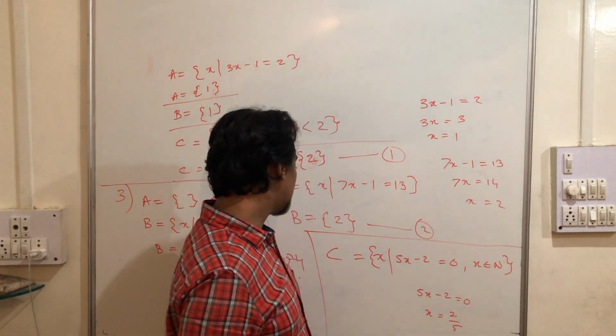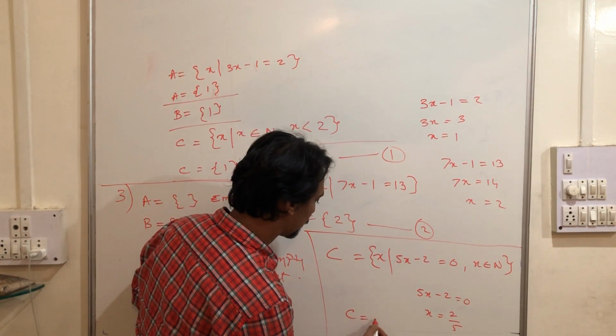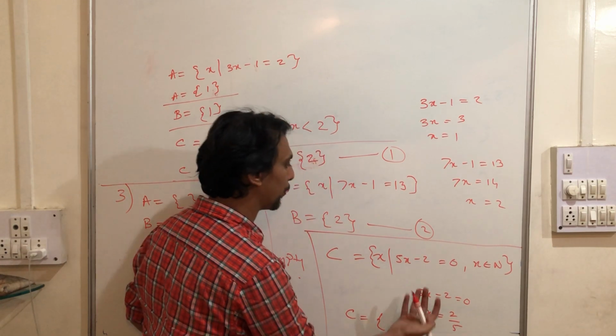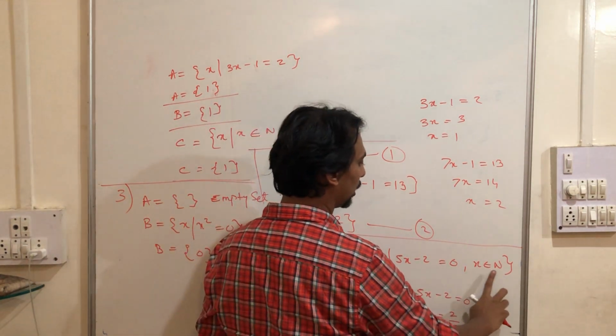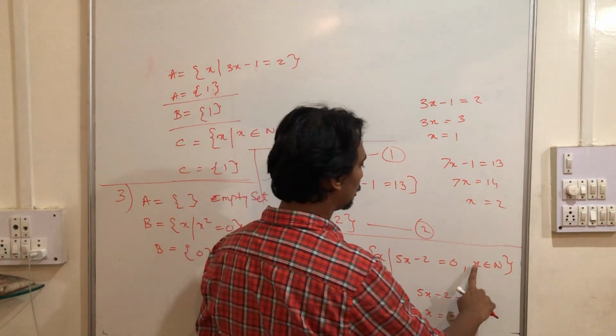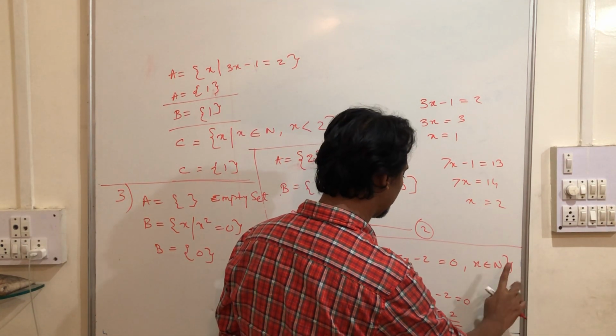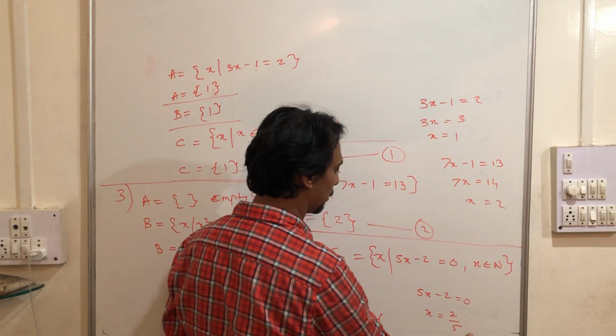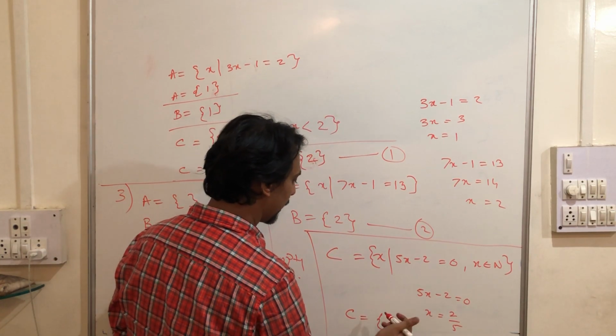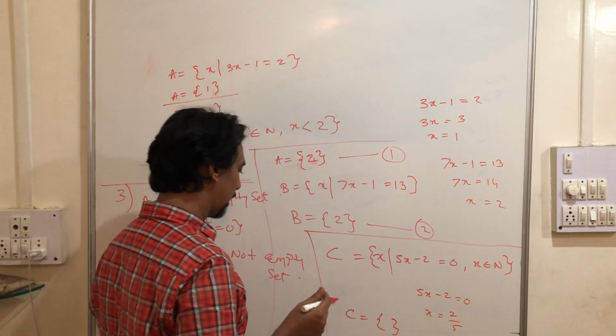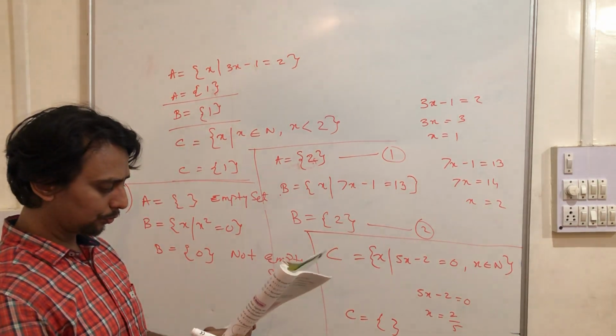Therefore, what will come in C? Nothing will come. Some people will say, no sir, how is that, 2/5 is coming, but no. Both the conditions should get satisfied. So we also need x to belong to N. This does not belong to natural numbers. Therefore, x will not come. So C is an empty set. Okay.